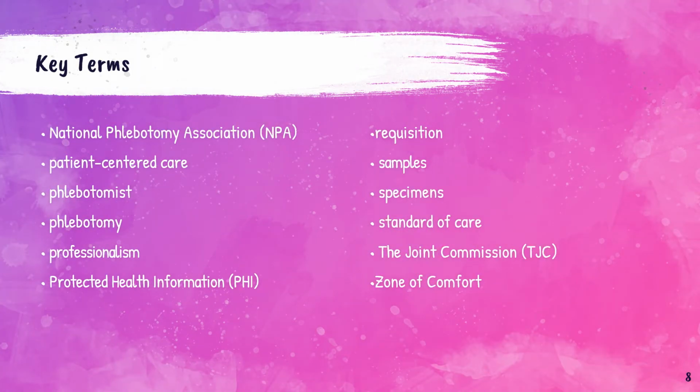Additionally, more key terms here: National Phlebotomy Association, or NPA, patient-centered care, phlebotomists and phlebotomy, professionalism, PHI, requisition, samples, specimens, standard of care, and zone of comfort.